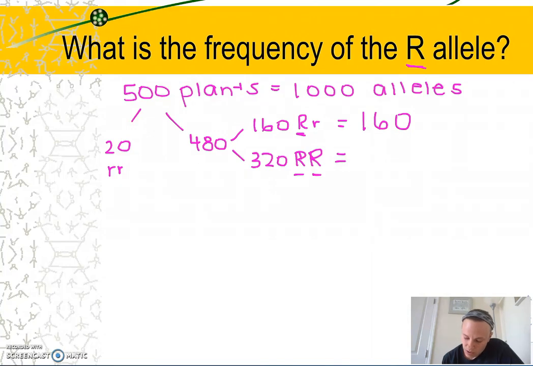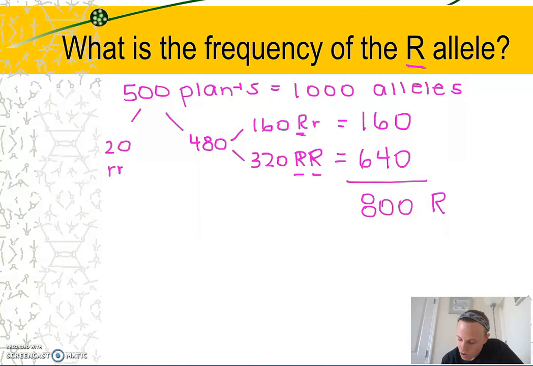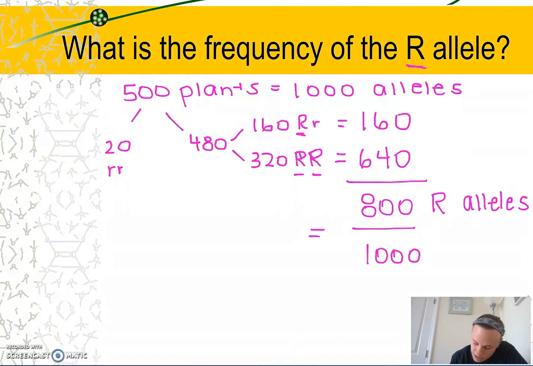So that gives us a total of 640 capital R alleles, for a total of 800 capital R alleles. Now, out of the whole population, this is 800 over 1,000. Well, 800 over 1,000 gives us 0.8, and if we were to convert that to a percentage, that gives us 80% have the capital R allele.